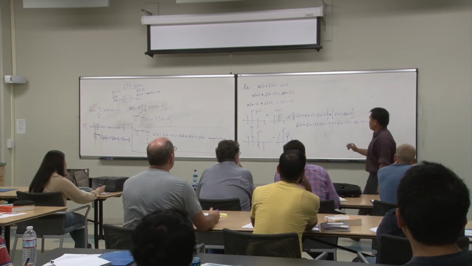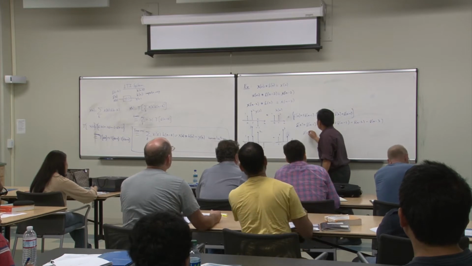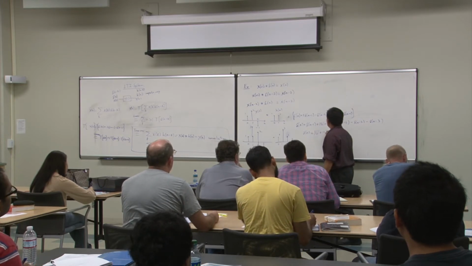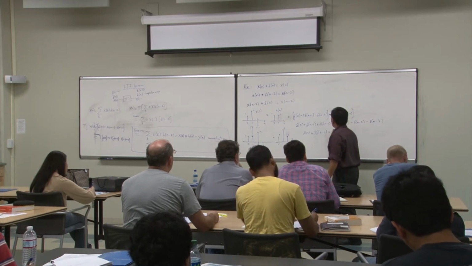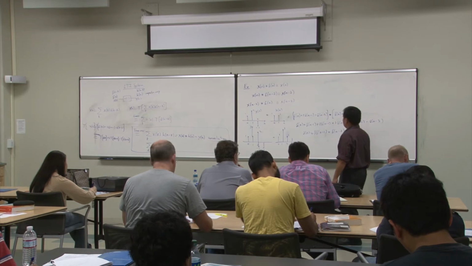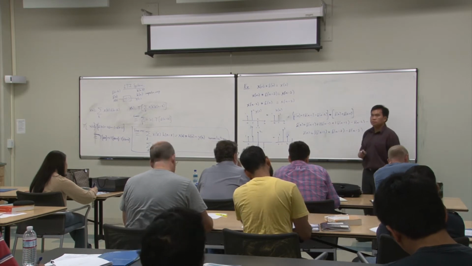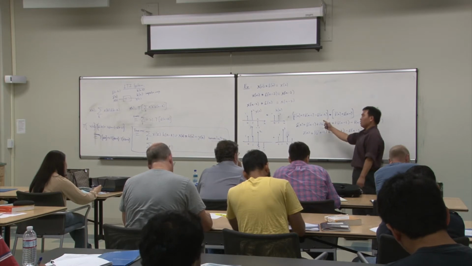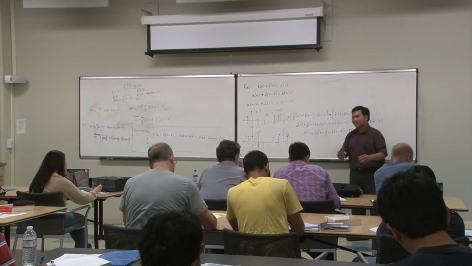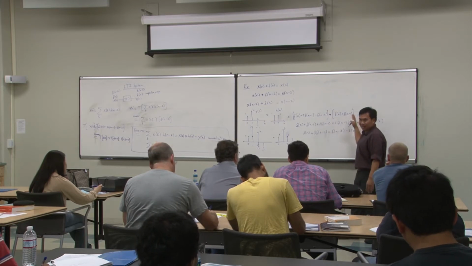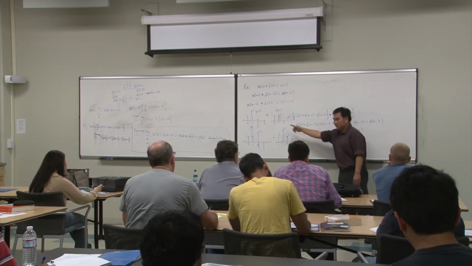So this is delta n, 3 delta n minus 1, delta n minus 2, minus delta n minus 3. Now you can write it this way, it's up to you. If you're confused, write it out like this. After a few times, you can do it like that.